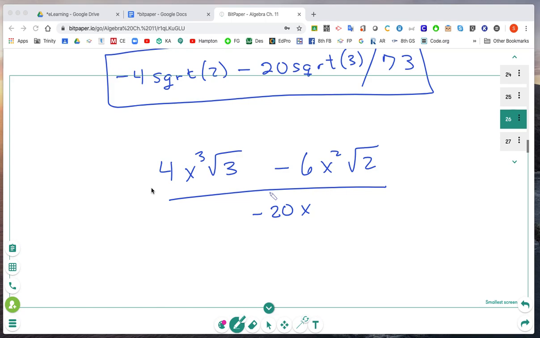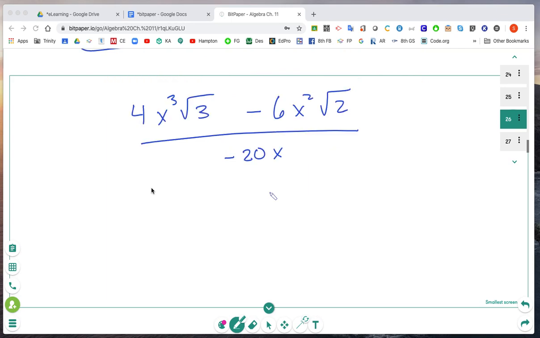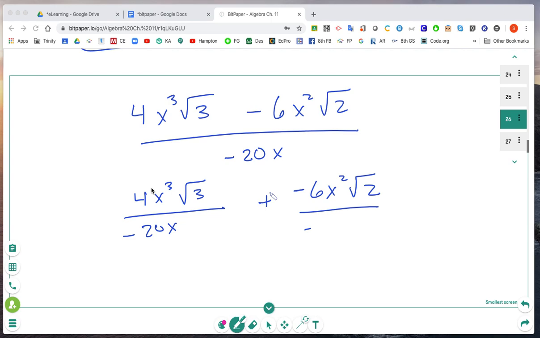So again, we would break it down and we would do 4x cubed square roots of 3 over negative 20x, and we would do plus negative 6x squared square roots of 2 over negative 20x.